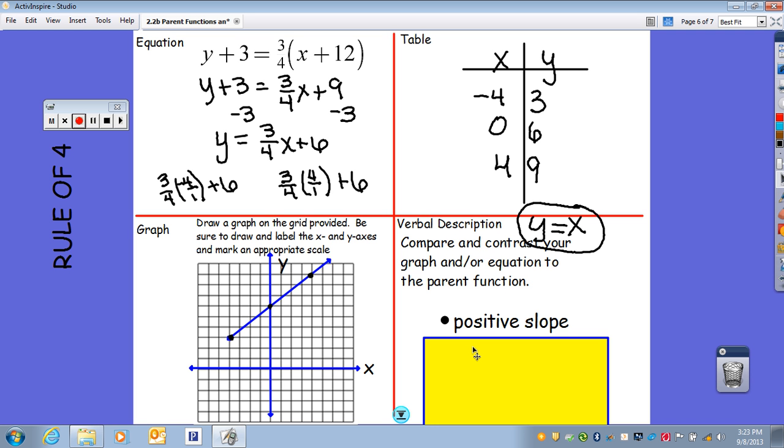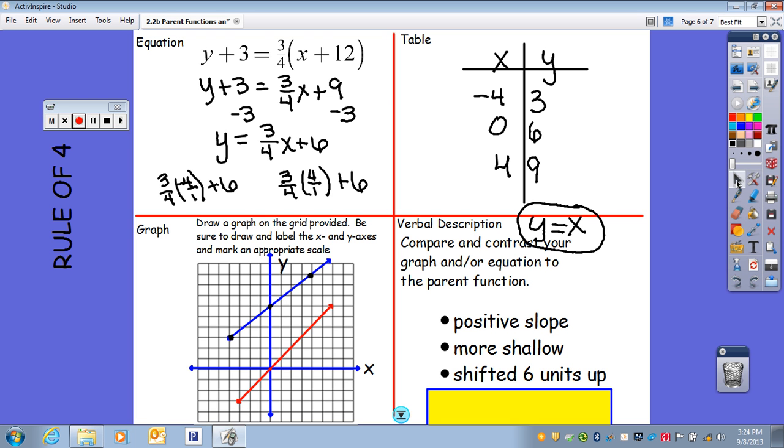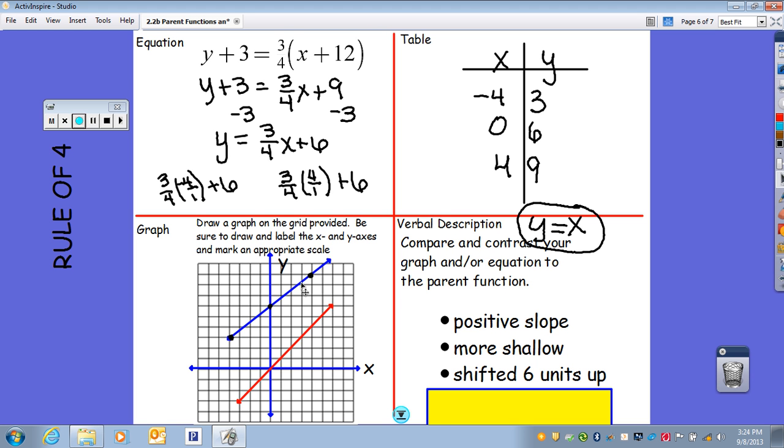You will notice that this line is not quite as steep, so it is more shallow than our parent function line. And lastly, our y-intercept is at positive 6, so this line has shifted up 6 units from our parent function. I put the parent function on again in a red line for those of you that might need a comparison. Again, it's at the same angle. Our function is not as steep, it's more shallow, and it has shifted up 6 units from the parent function.